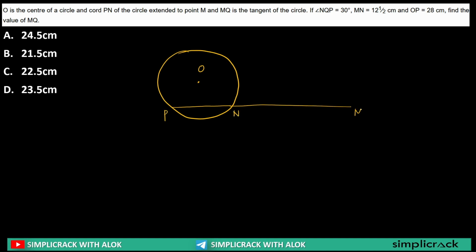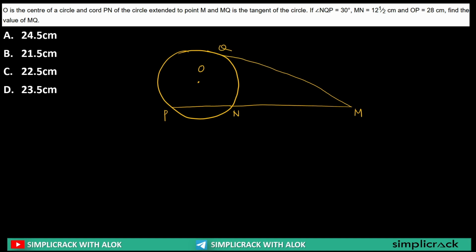Here O is the center of the circle, chord PN is extended to point M, MQ is the tangent. Very easy. So this is the circle, O is at the center. This is a chord, that is PN, it is extended to M, MQ is the tangent.